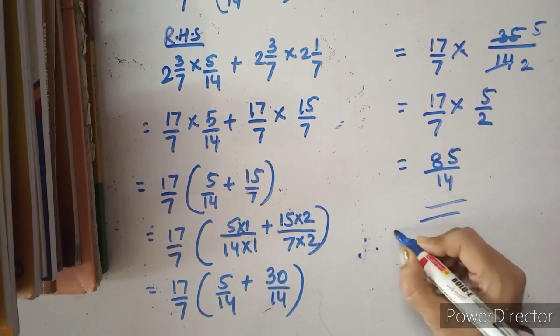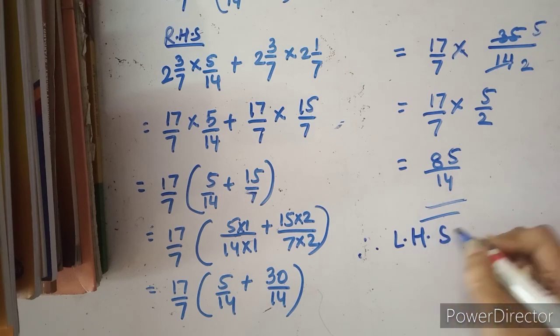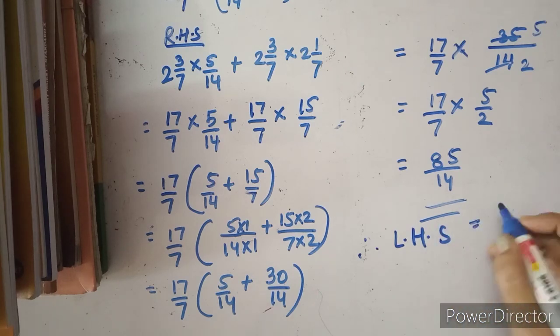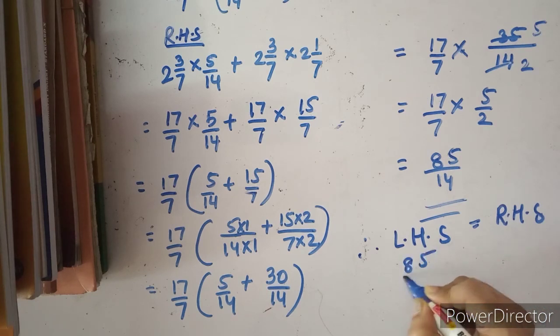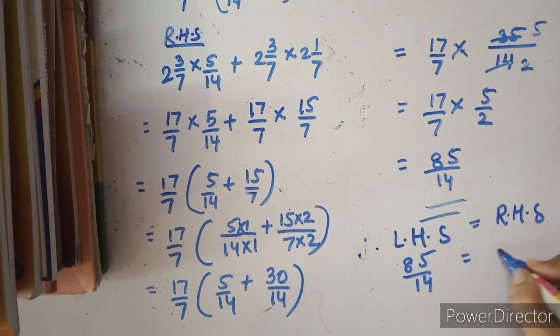So you can write that left hand side is equal to right hand side, that is 85/14 is equal to 85/14. Okay, so this proves that the whole sum is, that is left hand side is equal to right hand side.